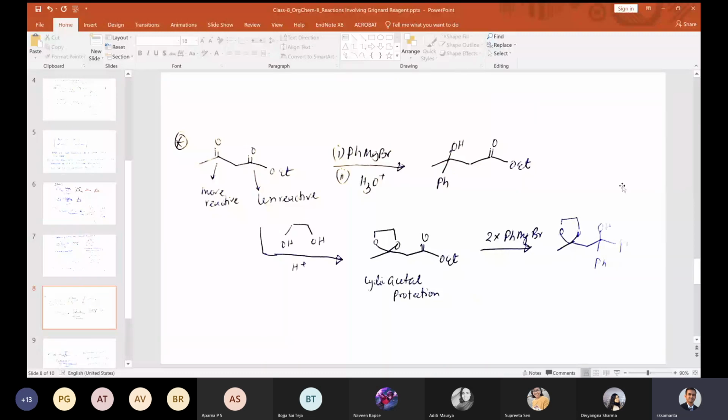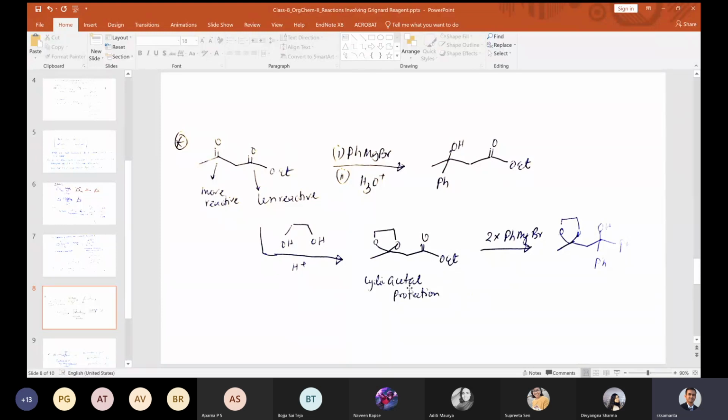This example I have discussed many times, at least three times, so I think you know very well what the answer is. If you do not have any protection, this phenyl will attack this carbon center because ketone is more reactive than ester, and you get this product. But if you want to selectively attack in this position, then you have to protect this. How do you do it? You do it by formation of the cyclic ketal.